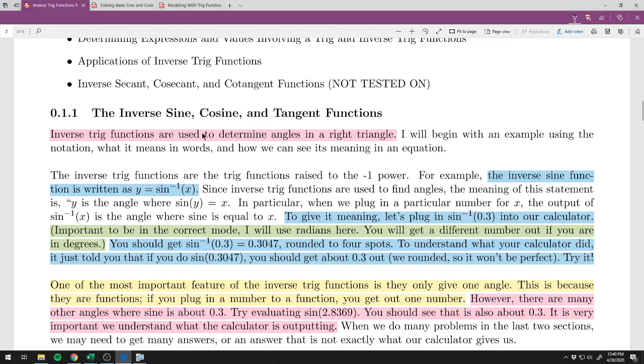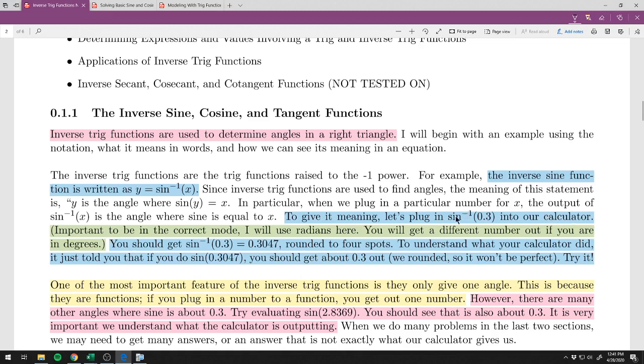That's what they're used for. 99% of the time you're dealing with an inverse trig function because you're solving something related to a word problem or an equation, and the answer is understood to be in radians. We'll see some word problems at the end of this section where there are degrees because it's a triangle and we want to visualize it. But first I want to walk through one example and what it means.